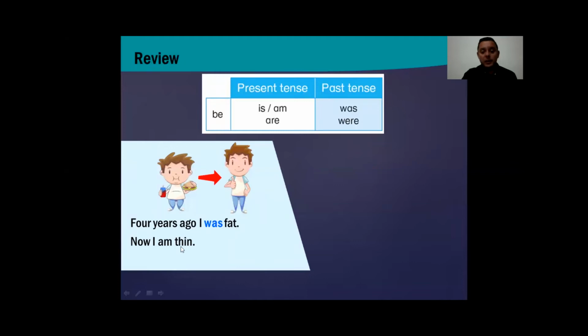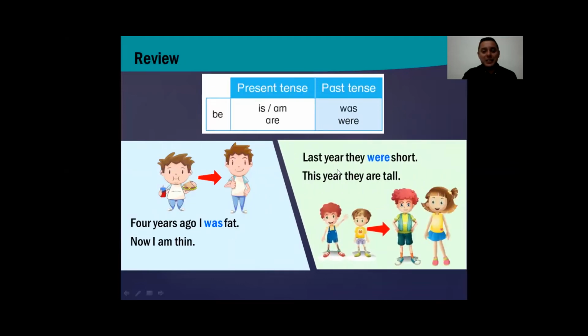Now I am thin. Last year, they were short, but this year they are tall. As you see, with last year and 4 years ago, we use was or were. But when talking about the present time, now I am thin. This year they are tall.